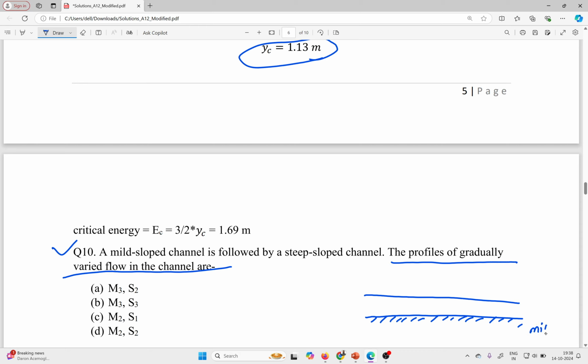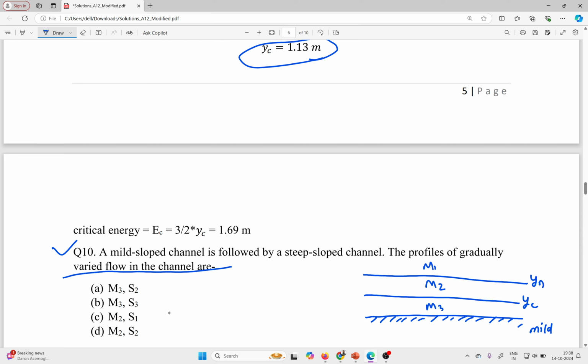Mild slope. Here is the critical. In mild slope, your normal depth is above the critical depth. So this zone is known as M1, this is M2, this is M3.